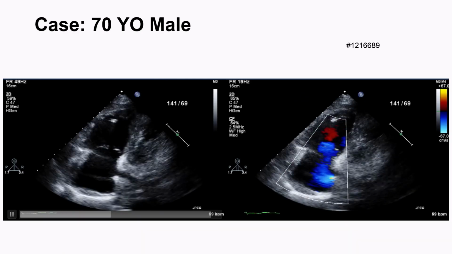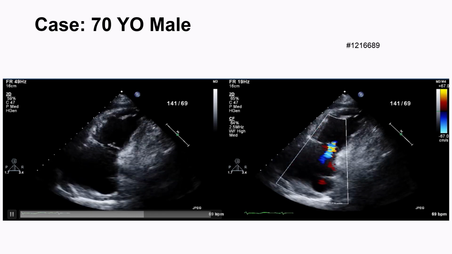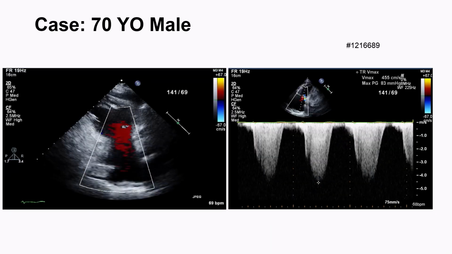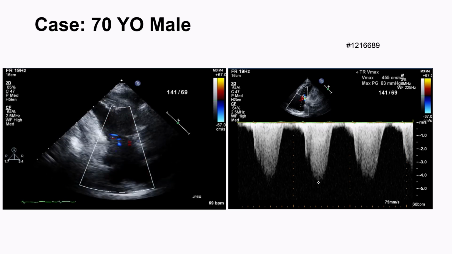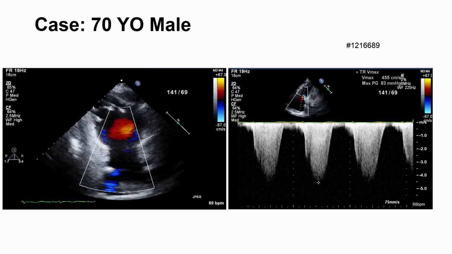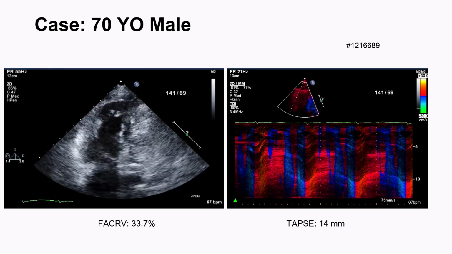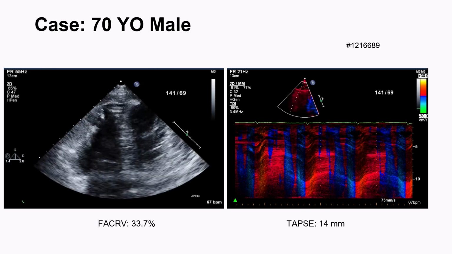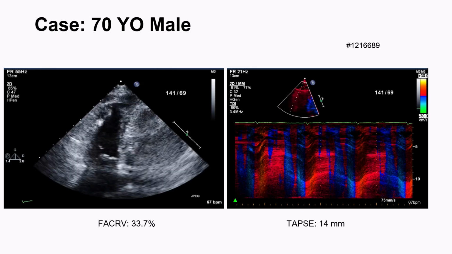There were also RV dilatation and dysfunction and mild TR. His TR Vmax was 4.5, and the mean pressure gradient is more than 80 millimeters of mercury. There is decreased RV systolic function. RV FAC is about 34%, and the TAPSE was 14.